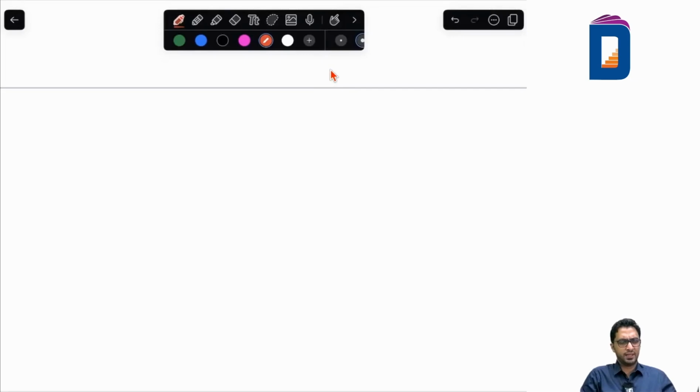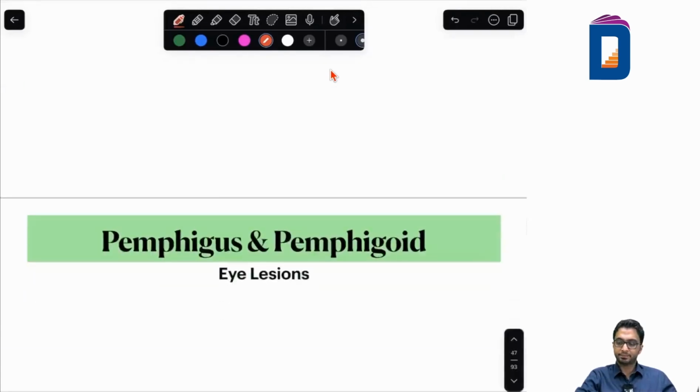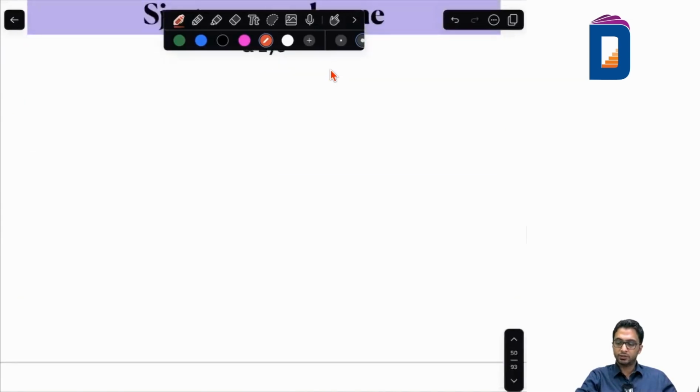Any condition which is salivary plus eye? Sjogren syndrome, where you've got lacrimal glands being affected. Keratoconjunctivitis sicca. Okay, dry eyes, dry mouth. So I think that will be the end of it. Yeah, Sjogren syndrome is also there.